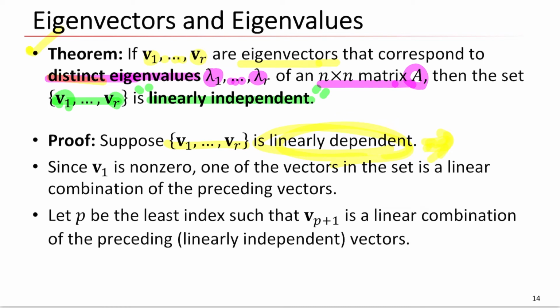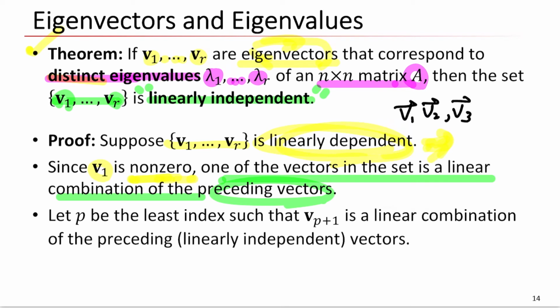So let's do that. First of all, v1 is non-zero. Why? Because v1 is an eigenvector, by definition. Then one of the vectors in the set is a linear combination of the preceding vectors. So let's say there are vectors v1, v2, v3, and so on, vp, and so on, vr.